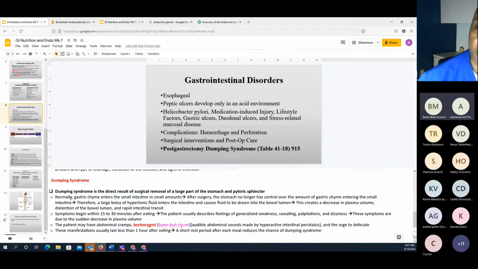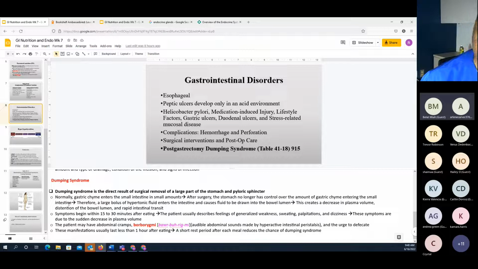And I did explain that here. Normally, gastric chyme enters the small intestine in small amounts. That's that food. Once the food is all chopped up and broken down, it's called chyme, and it enters into the small intestine. So after surgery, the stomach no longer has control over the amount of gastric chyme entering into the small intestine because we pretty much reduced it by cutting it away.